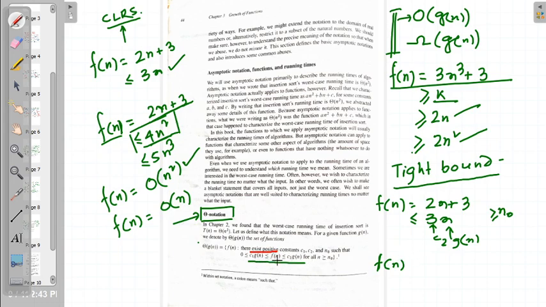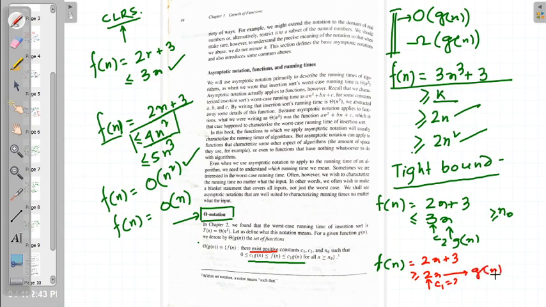That means f(n) greater than or equal to C1 times g(n). Okay, so what is f(n) here? So this f(n) is 2n plus 3, and I can write that this is greater than or equal to 2n. Okay, and we have seen maybe n greater than or equal to 0, it is getting satisfied, and this C1 is 2, and this is our g(n).